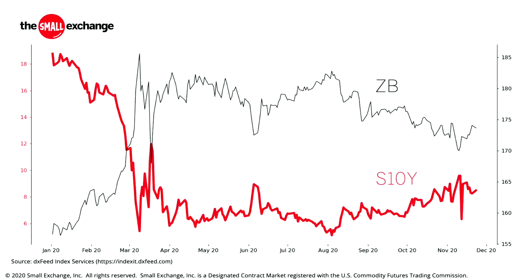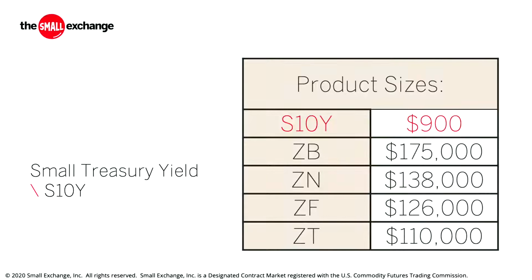And so it is literally going to be a mirror image of ZN. We're using ZB here for the example because I think it's what most of you probably know. And you have nothing to really worry about in terms of the movement relative to actual yields. Like I said, just one component there that is reflective of the treasury price. And it's also just one component that's a small size.